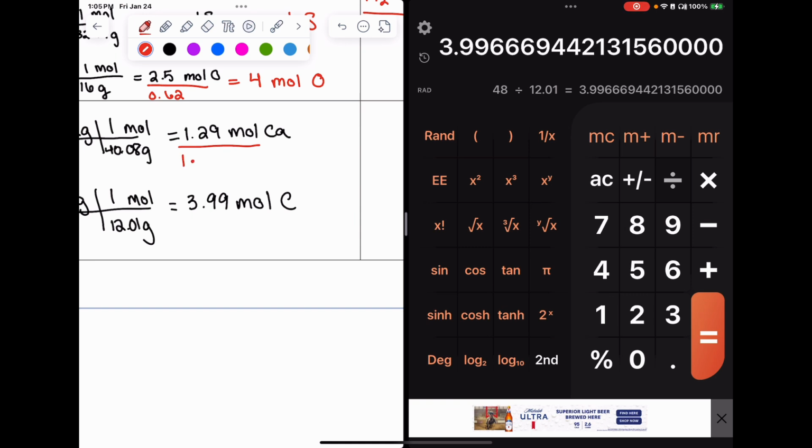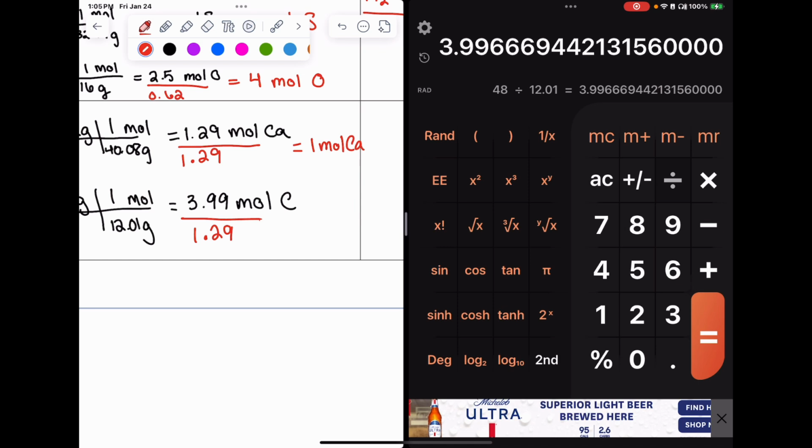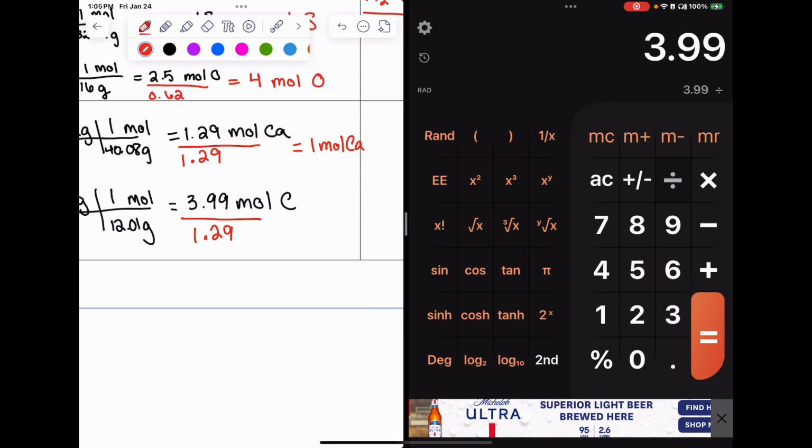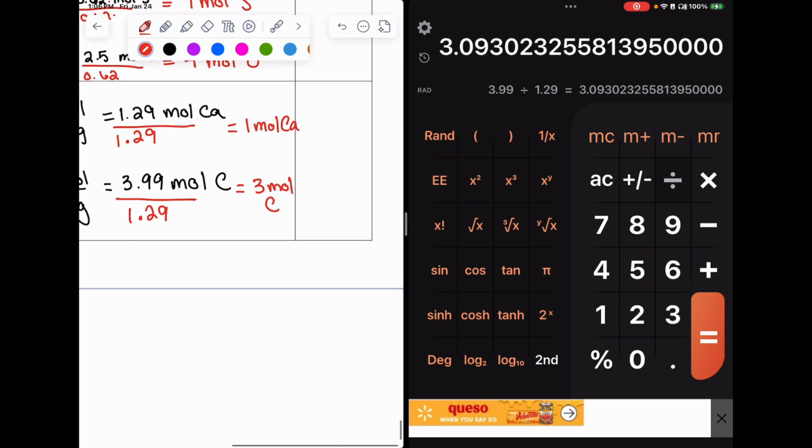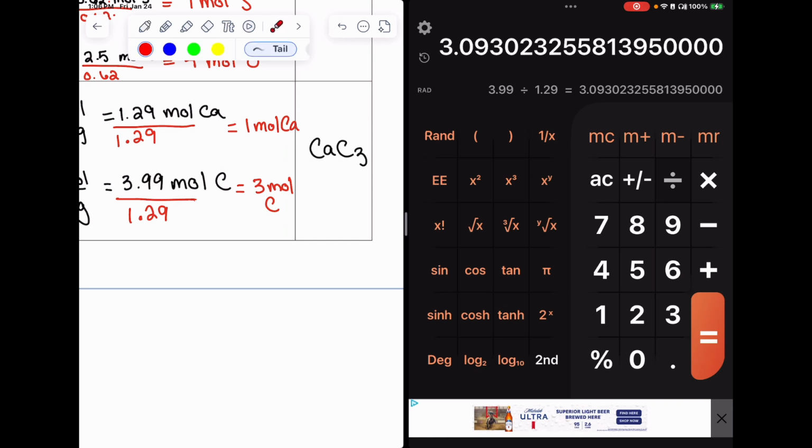So we're going to divide both of these by 1.29. 1.29 divided by itself would give us 1 mole of calcium. 3.99 divided by 1.29 gives us about 3. We're going to round it to the nearest whole number of carbon. So when we put it together, we should have a final answer of CaC3. That's your answer.